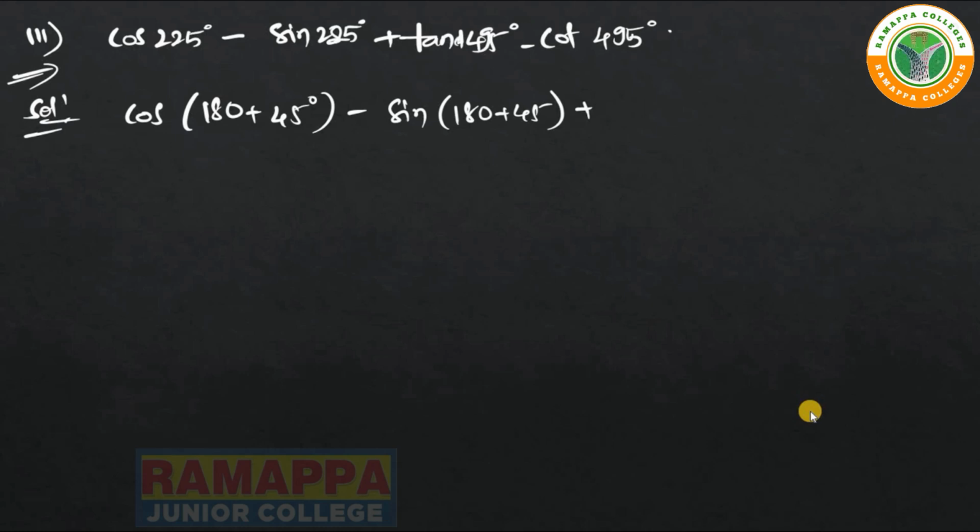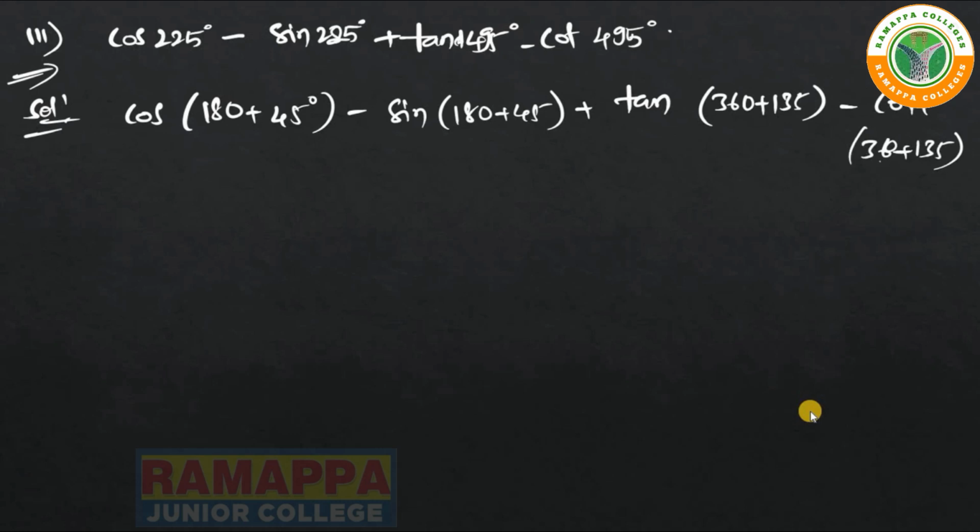I will write it as tan of 360 plus 135, and minus cot of 360 plus 135. So this will come here.